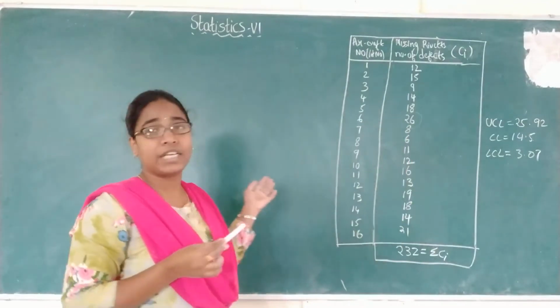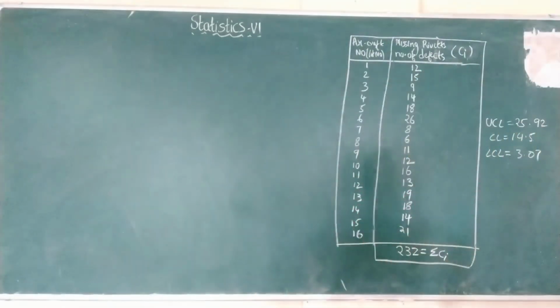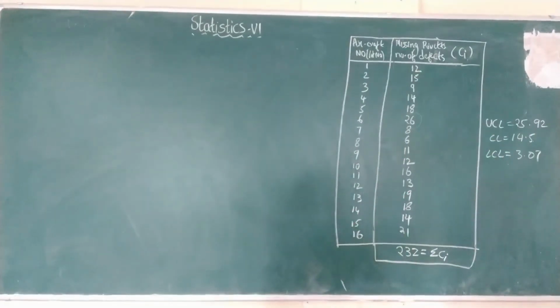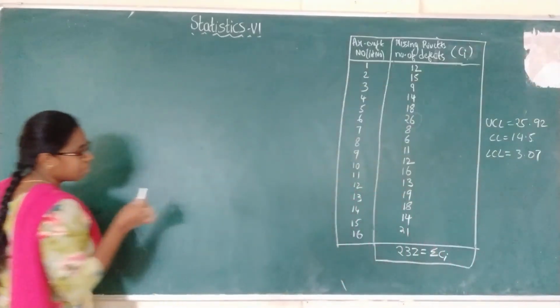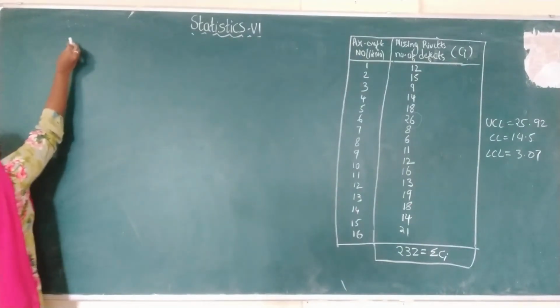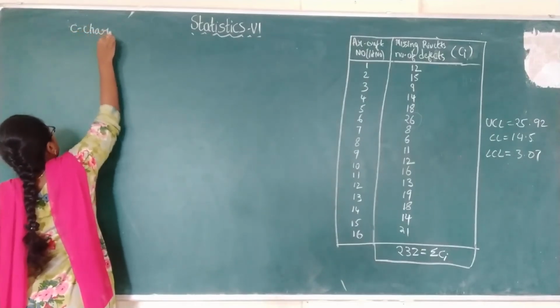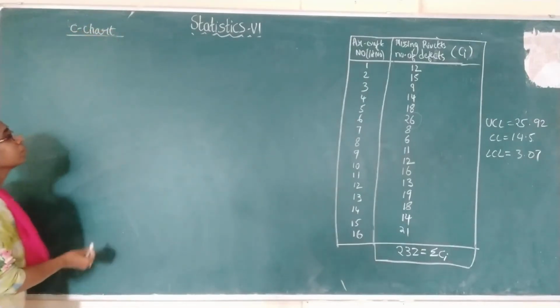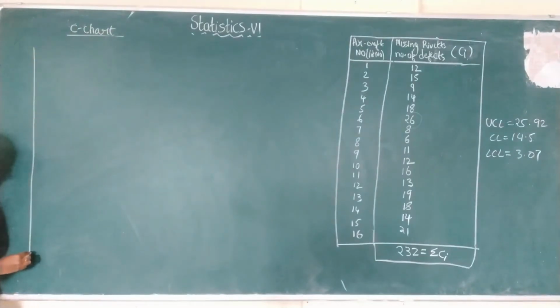Now we will check it through a graph. Here we will take scales according to our Ci values. On the x-axis we will take the sample, the scale as 1 unit itself. Here we are constructing a C chart, so keep the heading as C chart. Now write down the scales for it.